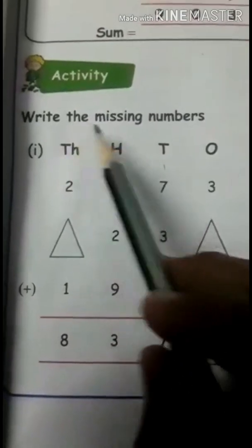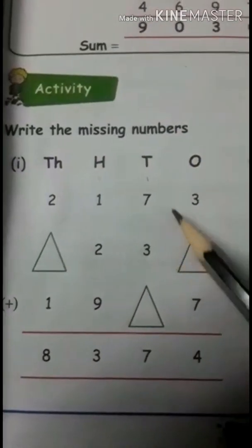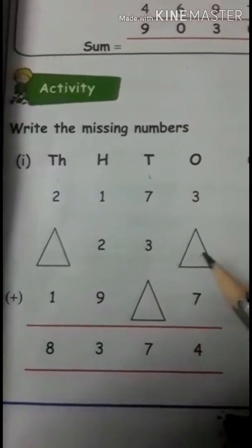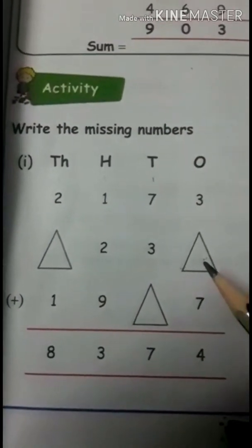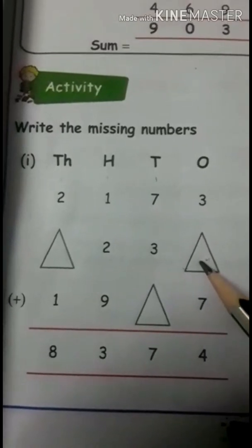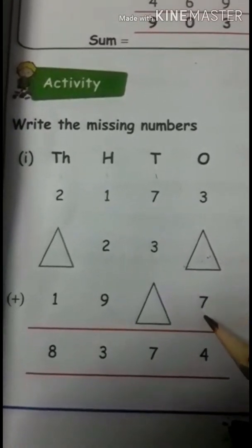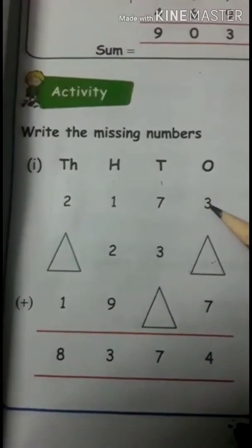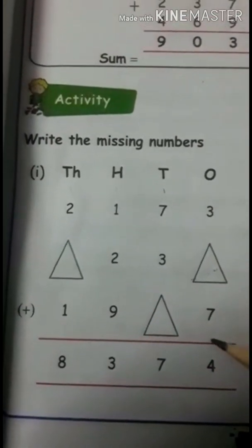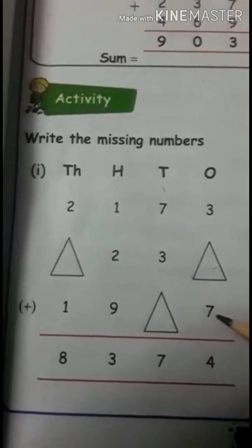Next, write the missing numbers. Here 3 numbers are given. In that some numbers are missing. Now we want to find out the missing numbers. How do we find out? First this ones place, 3 plus 7. 3 plus 7, 10.